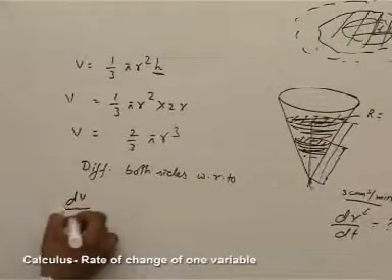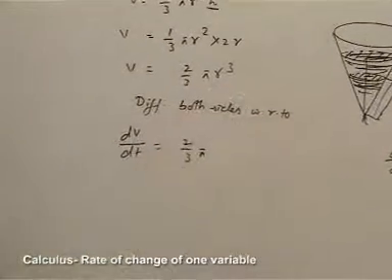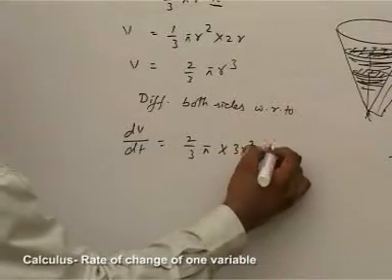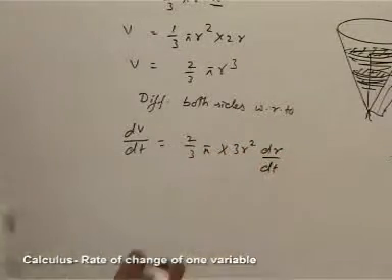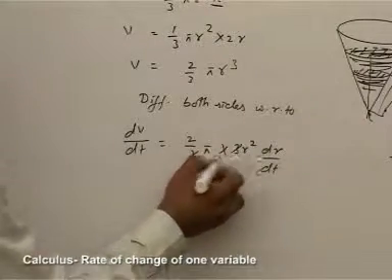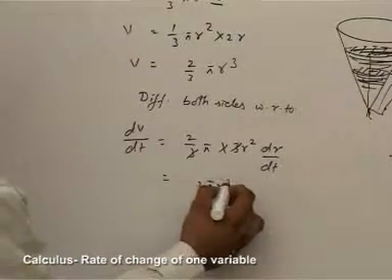So we will obtain dv by dt as 2 by 3 pi, r cube will be differentiated to 3r square dr by dt. We always know that constants remain out of the differentiation. This cancels, 2 pi r square dr by dt.